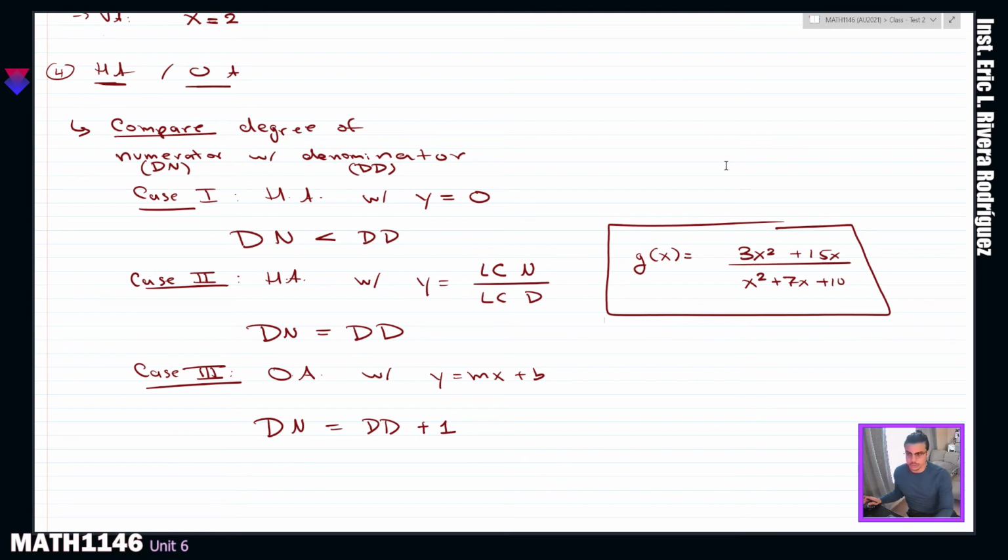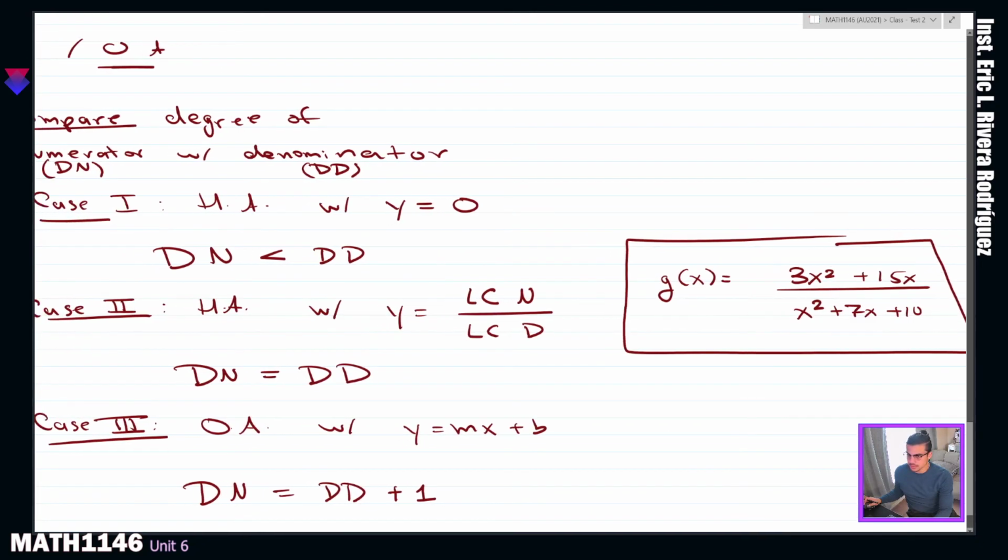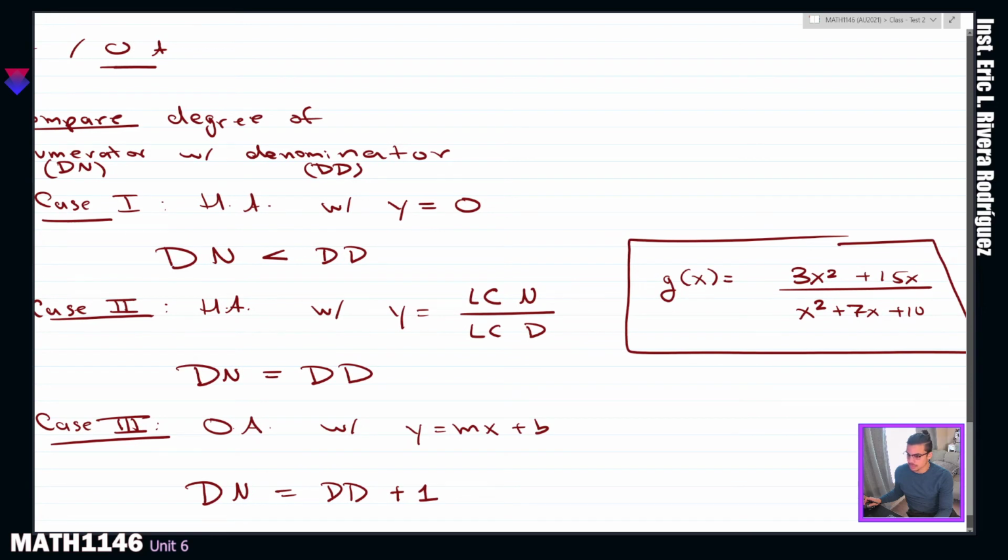Not so sure if you can see this well, so let me zoom on this. So remember, you want to compare the degree of both numerator and denominator. The degree of both is 2. So that means that the degree is equal. So we are in case number 2. That's correct, Rachel. Yes, case number 2.